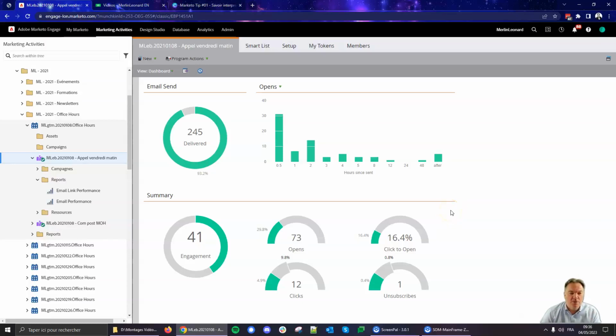You know that in Marketo you have this 2-year period in which the behavior activity log is kept, and after that Marketo tends to delete all of them. That's not the case for the email KPIs. So here I've got an email I've sent for my Marketo office hours of January 2021, and you see that the KPIs are still there. We will see that in the report also.